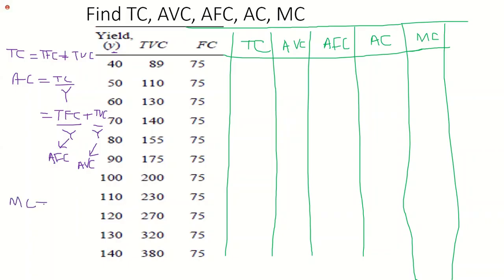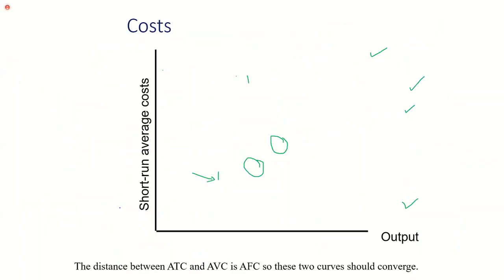Marginal cost is actually the change in the total cost divided by the change in y, right? Meaning the additional cost that you incur to produce 1 unit of output, isn't it? It's this one.